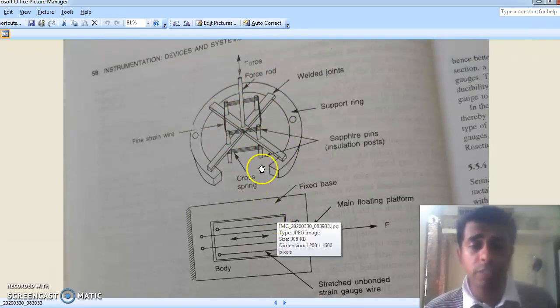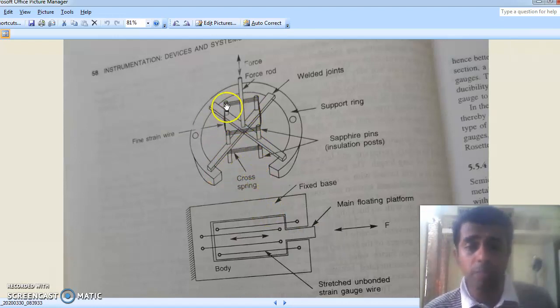See the first one, we have about 6 insulation posts, and on the insulation posts you have the fine strain wires, which are made of platinum tungsten alloy, and you have a cross arm here which takes care of the force on the specimen. So I'm applying the force on this cross arm, which is my specimen.